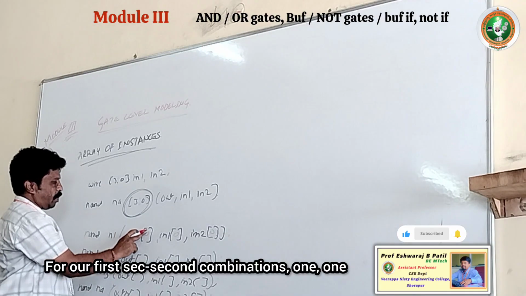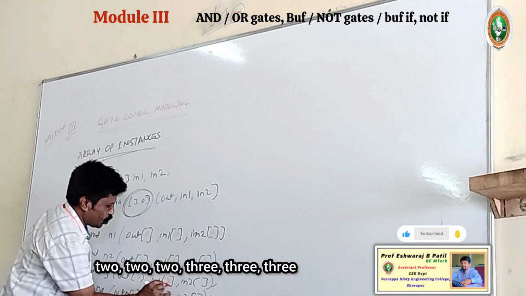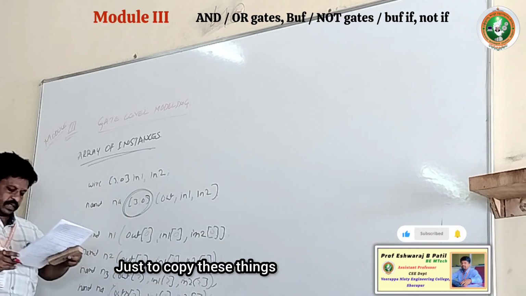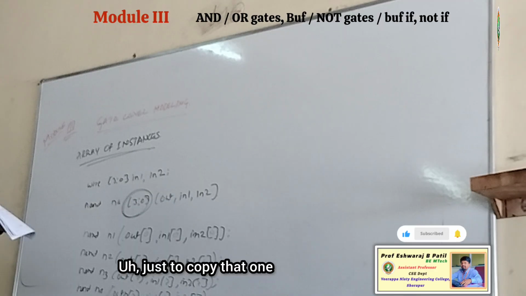For the first, second combinations 1, 1, 1, 2, 2, 2, 3, 3, 3. Just copy these.